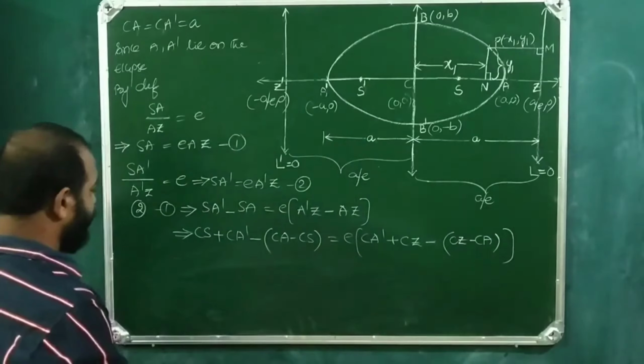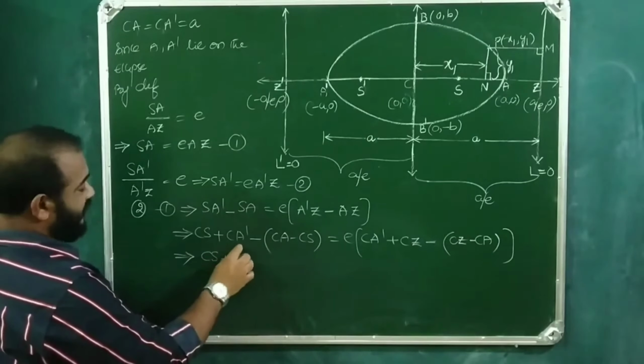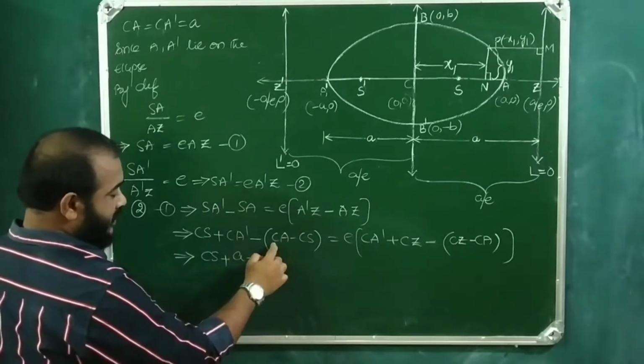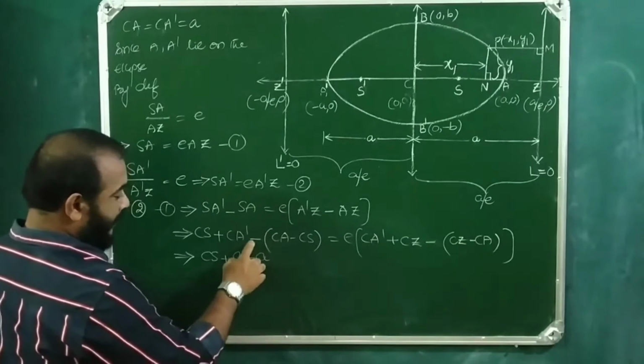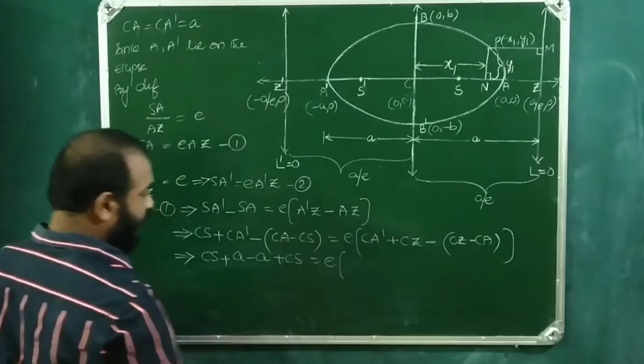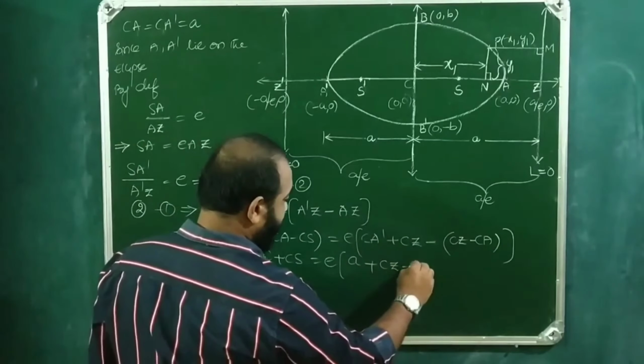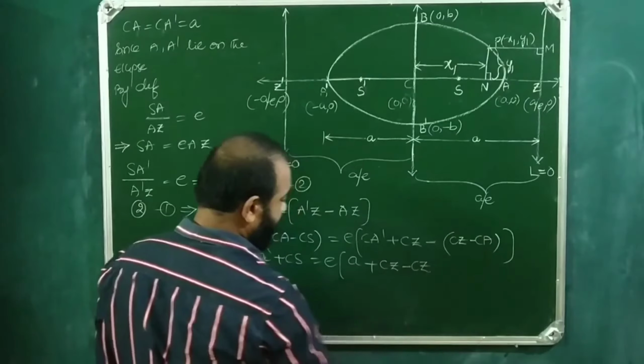This is equals to CS plus CA dash, which is A, minus CA. Minus into minus is plus, so plus CS equals E into CA dash, which is A, plus CZ minus CZ.